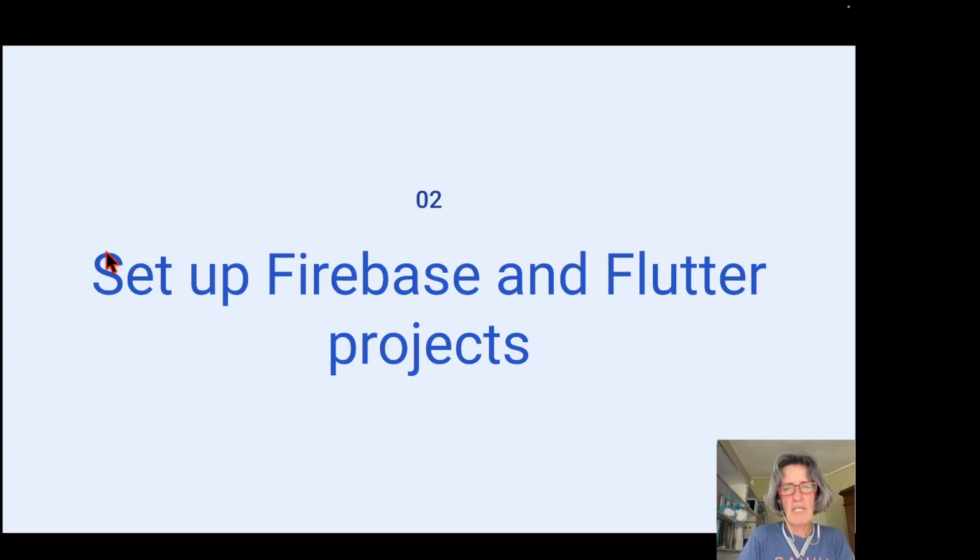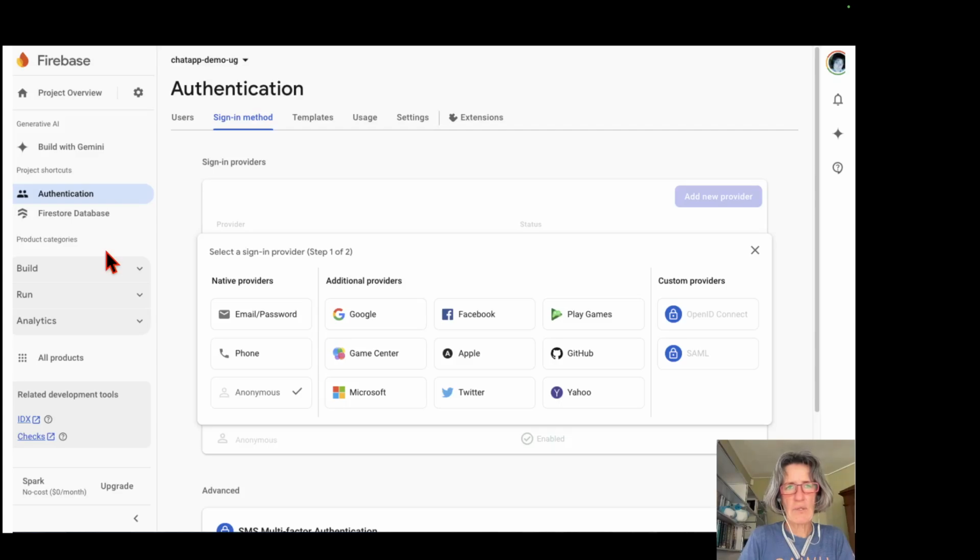But now, let's say you have a Firebase account. You can log into the console. And now it's time to create a new project. Now I have done that ahead of time because it is not so easy to do online in the live demo. So I created this project here. I called it Chat App Demo.